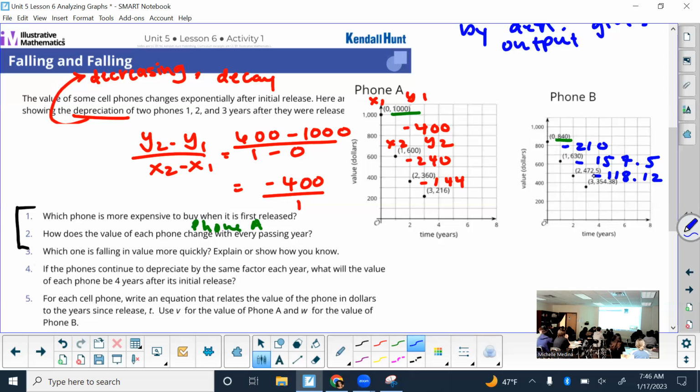So which one is falling in value more quickly? Raise your hand if you think it's phone A. Raise your hand if you think it's phone B. All right, what's something we can look at to see which one's falling more quickly? Gavin? The last few numbers, the last numbers on both ends.